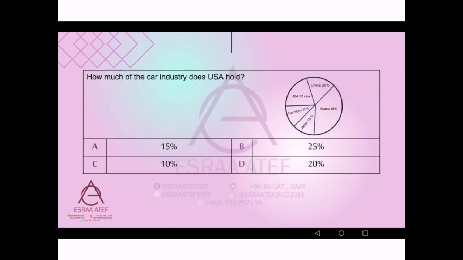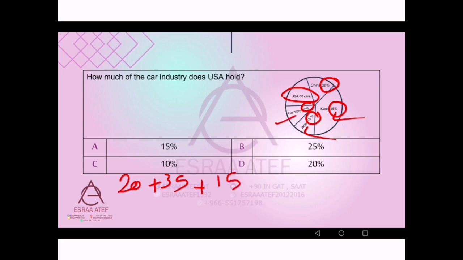Here, how much of the current industry does USA hold? We can get the percentage by adding all the percentages and then subtracting them from 100%. So we have 20, plus 35 for Korea, plus 15 of Japan, plus 10 of Germany.